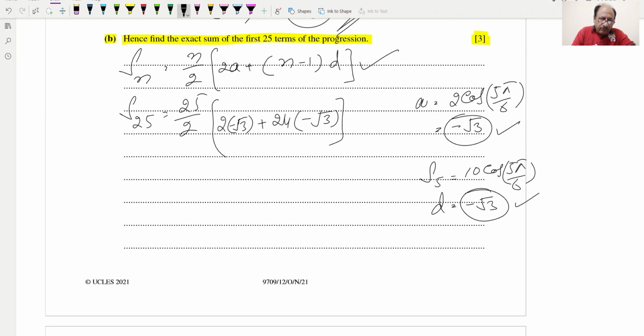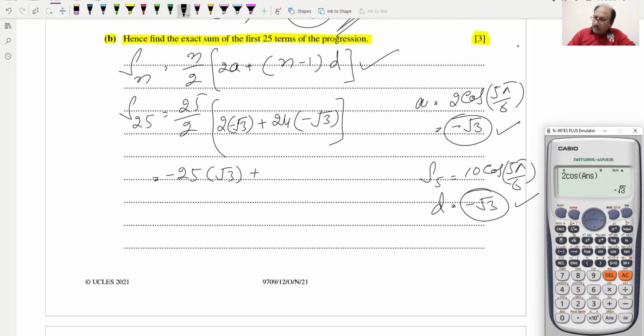Now we have to just simplify. If we multiply this, 2 will be cancelled with 2 and it will be minus 25 root 3, and plus 2 will be multiplied by 24, cancelled with 24, so it will be 12.